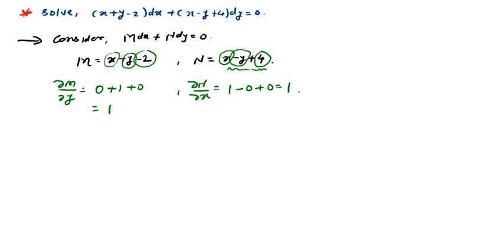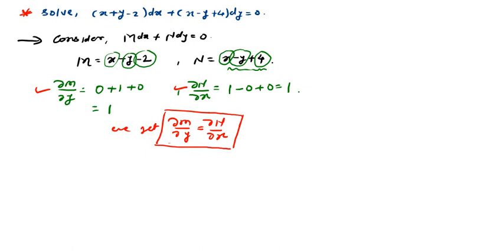So from this equation and from this term, what do we get? We get ∂M/∂y equal to ∂N/∂x. Now this is happening because both the terms have values equal to 1, meaning the conditions are satisfied. The given differential equation is now an exact differential equation.